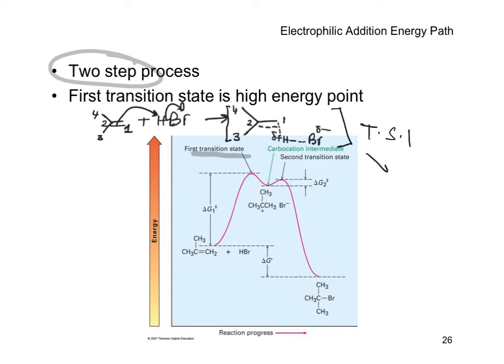As the bonds formalize, that will give you the carbocation like we discussed. That's your valley, because bonds got formed, so a release in energy happened. Notice that your first transition state, your TS1, is the highest energy state. The energy required is the double dagger that we have been talking about.